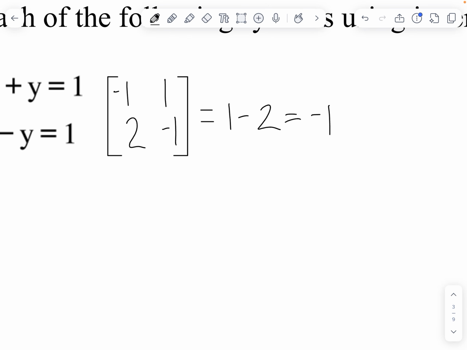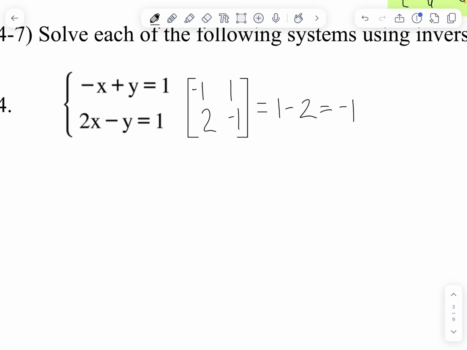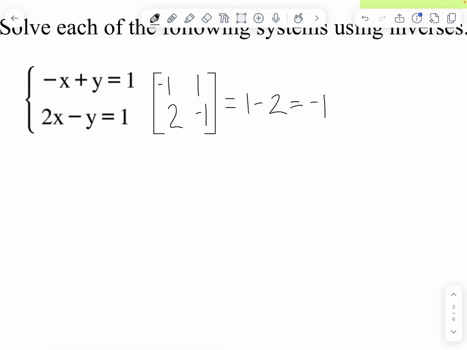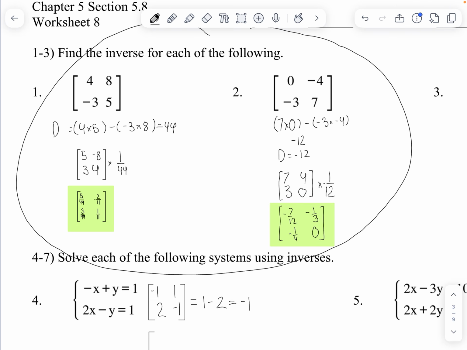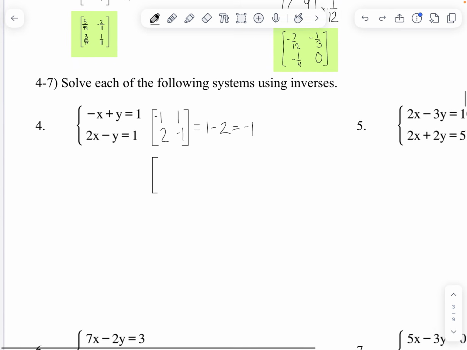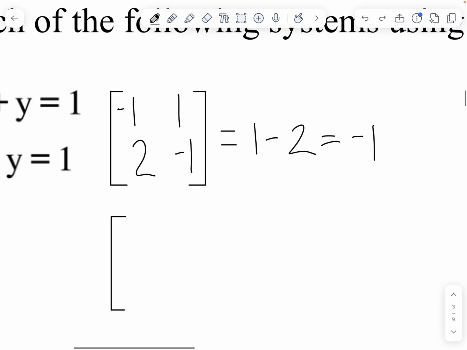Okay, now that we have that, we need to multiply by the determinant. Basically, you have to find the inverse of this. To find the inverse, you have to switch these two numbers and turn these numbers into a negative, or do the opposite of their signs.